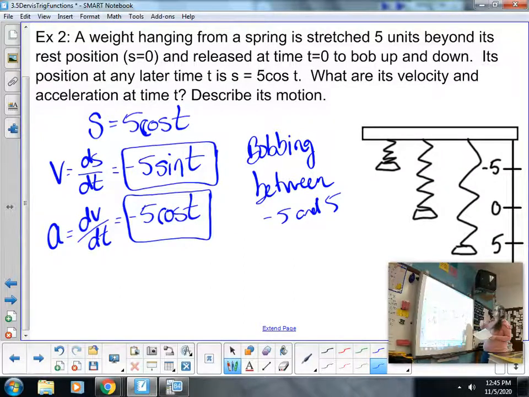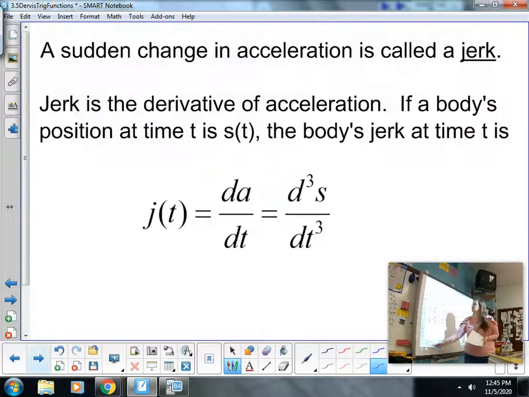So it's just going to keep bobbing up and down in between negative 5 and 5. For that last one, page 145 in your book does have a better explanation of the motion for that. So if you want to see all the technical stuff, that is in your textbook.